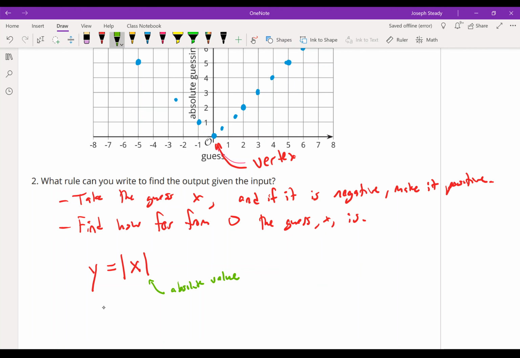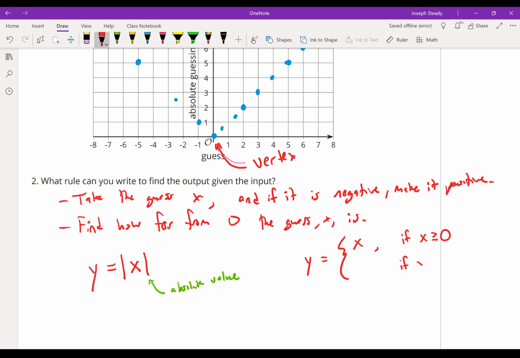Now this function can also be written as a piecewise function. Specifically, we can write y equals, well, if x is greater than or equal to 0, then our output is just the same as our input. It's x.